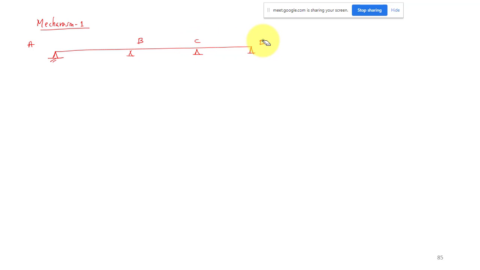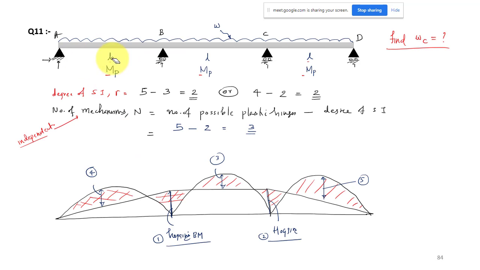Your span AB will have failure. Now to have this failure in the span AB, how many hinges are required? We can treat this span AB like a propped cantilever only.